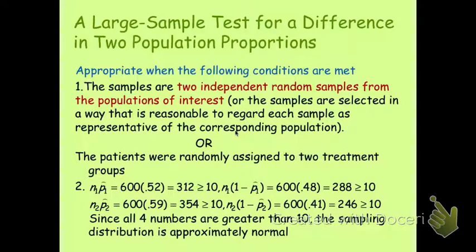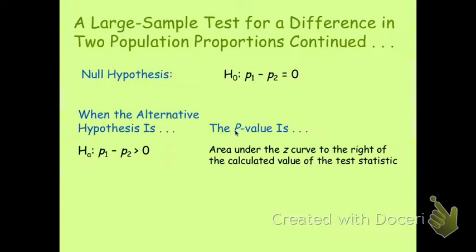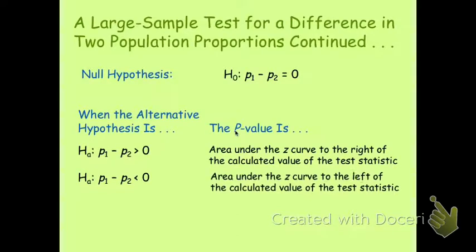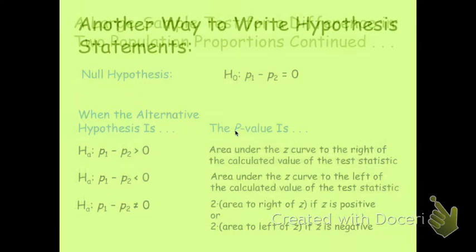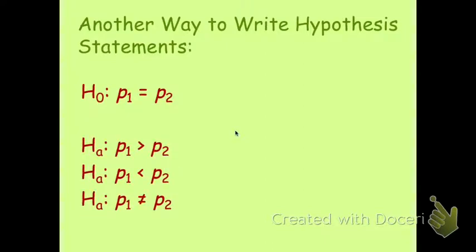Okay, so the same assumptions for a hypothesis test. It just rewrites them for you. The hypotheses, you'll now say that the null hypothesis is that P1 equals P2, and the alternative is P1 is greater, P1 is less, or P1 is not equal to P2.